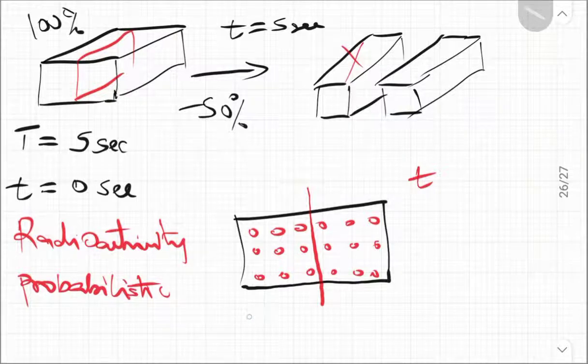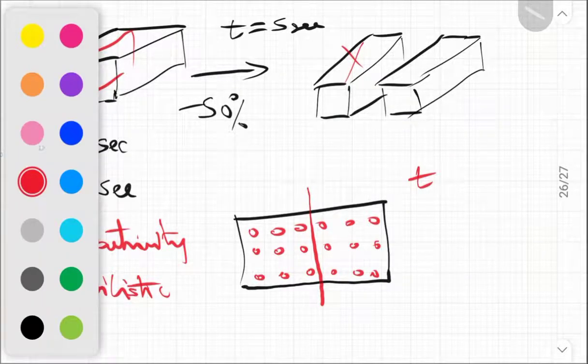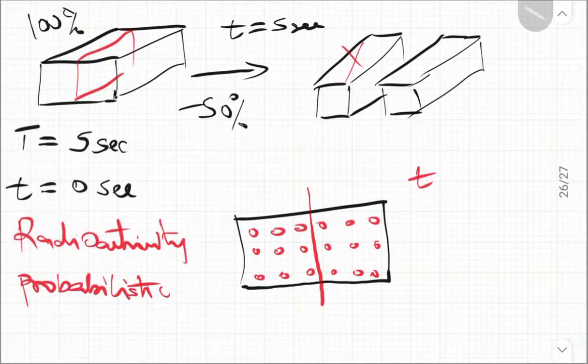Now this might not actually break in half, because radioactivity is a random process. It might be that probably this will decay, probably this will decay, probably this will decay, probably this will decay, right? And probably this might decay, right?